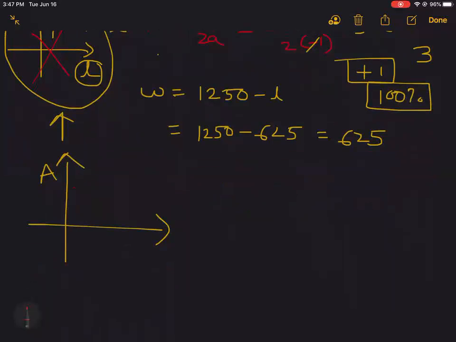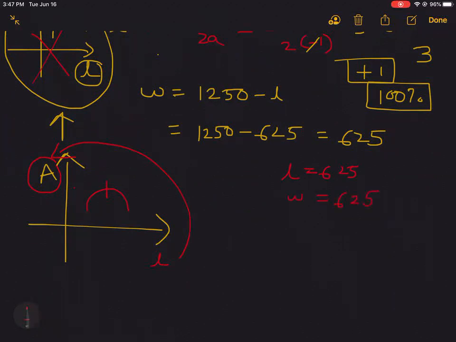So if it's L, the functional value of that is actually A. So this should be our actual graph in terms of our problem, and we want to know what's the maximum value of A. That means what's the maximum area we'll get if we have a rectangle of length 625 and width 625.